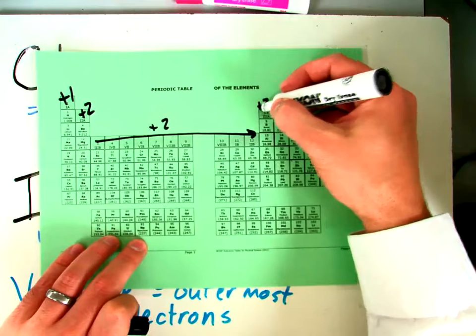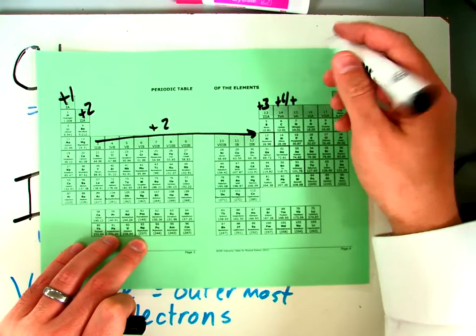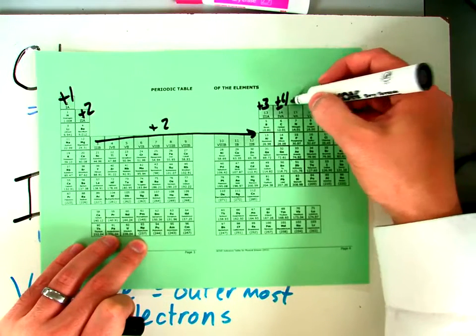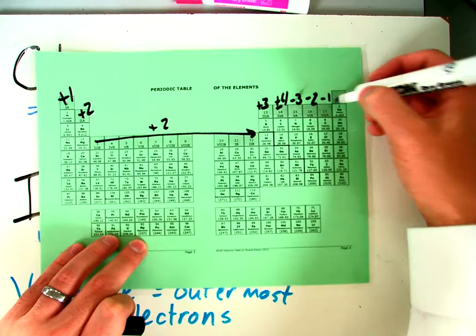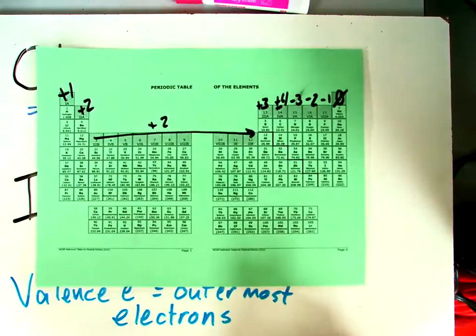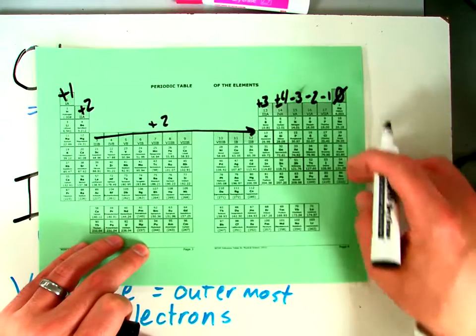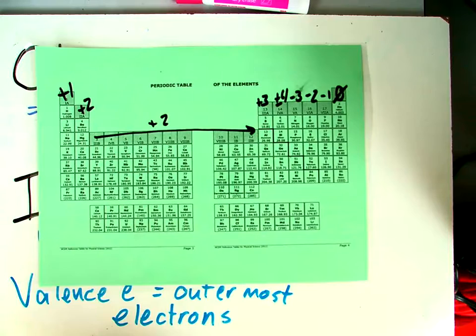Group 13, +3, then +4, or -4, then -3, -2, -1, and then 0. Because these ones are not going to form ions. They're not going to want to get rid of any electrons. Okay? There we go.